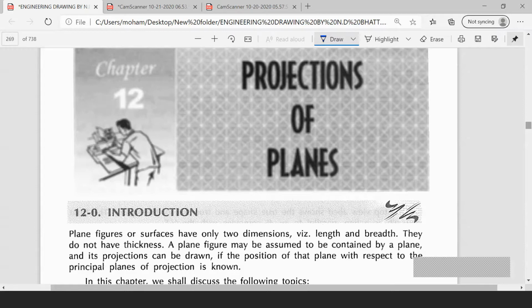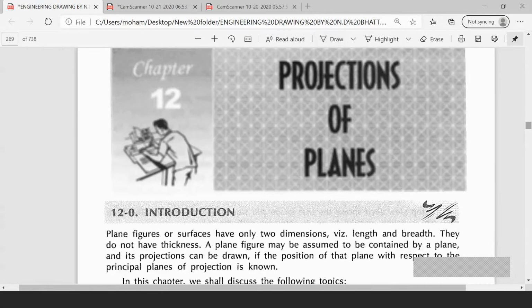Okay, projection of planes. A plane is nothing but what do you know? Previously I have studied about points, lines. Now you are going to study about planes. A plane is nothing but a plane figure or a surface. A plane figure or a surface has only two dimensions, length and breadth.